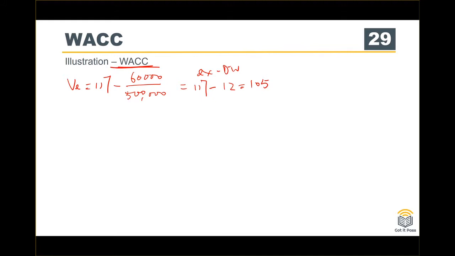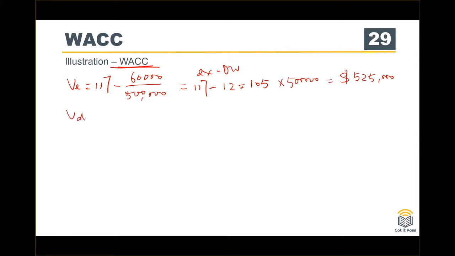With the ex-dividend price of 105, times the number of shares issued, you get the market value of equity, which is $525,000.